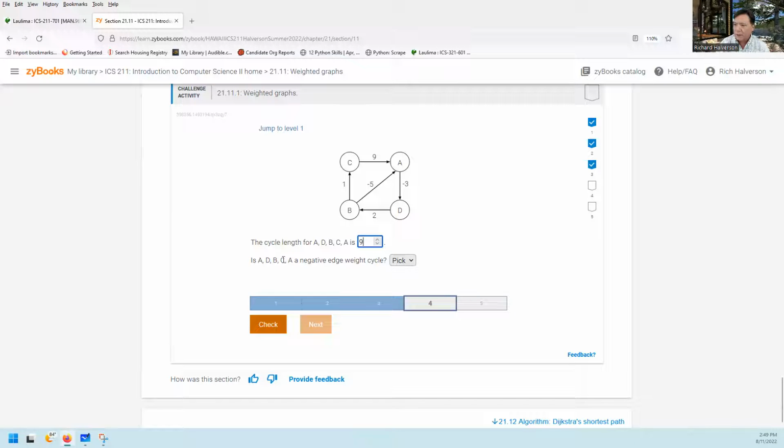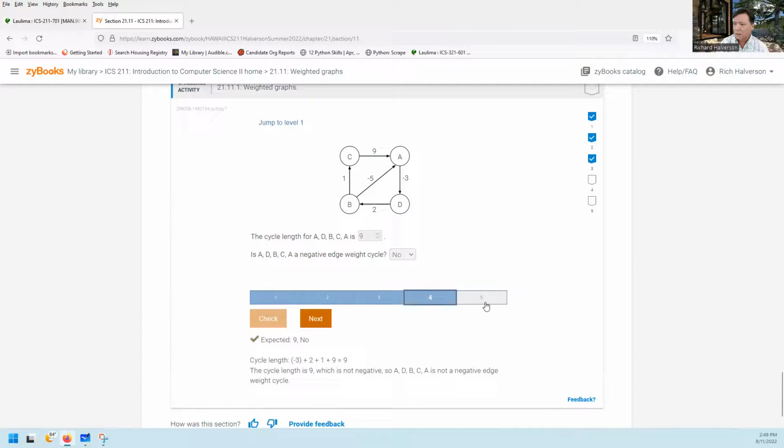Is A to D to B to C to A a negative edge weight cycle? No. I wonder if this is wrong.